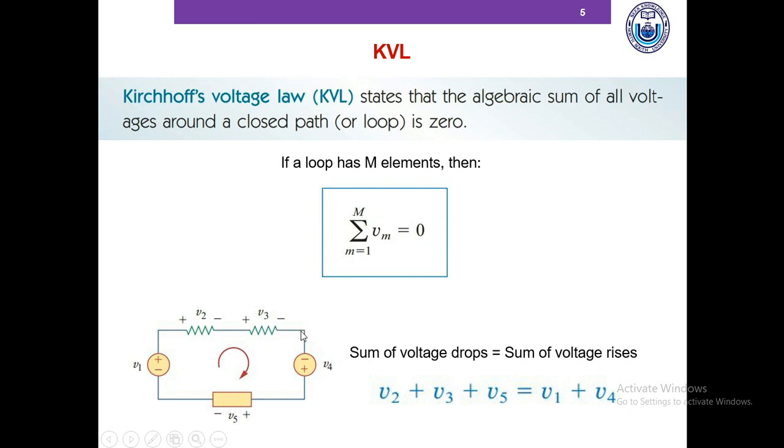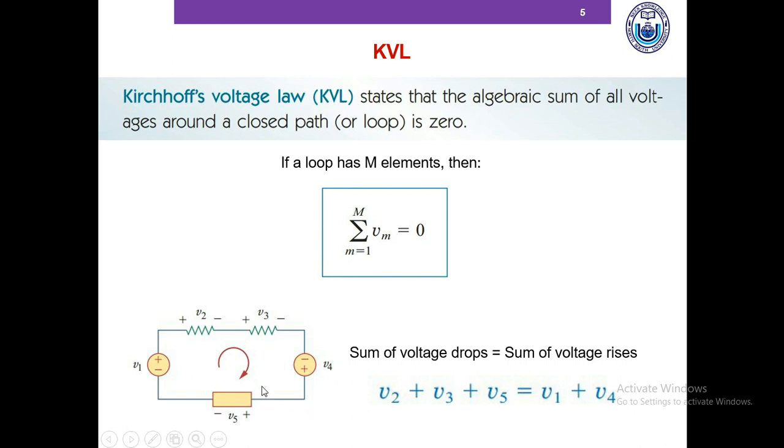Now, as we go across this voltage source V4, we go from lower potential to higher potential, and that means this is a voltage rise, which is why we write V4 on the right side, which is the side of voltage rise.